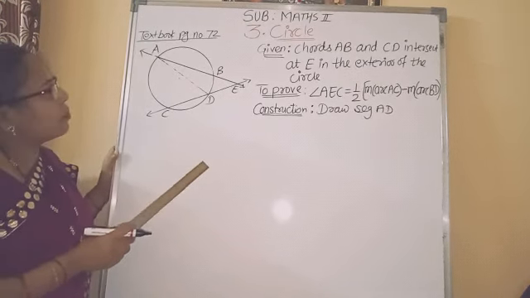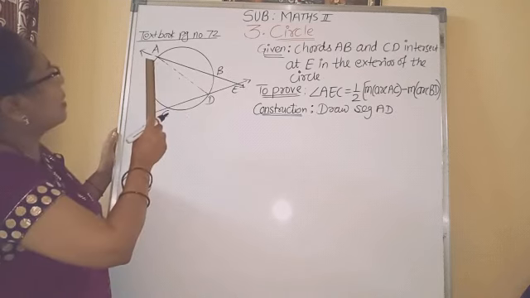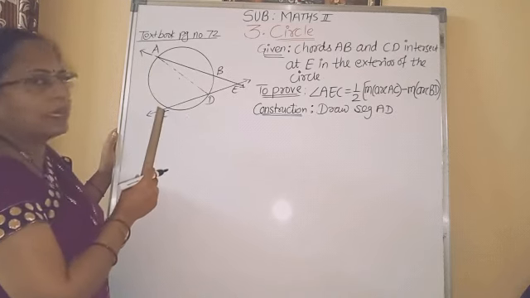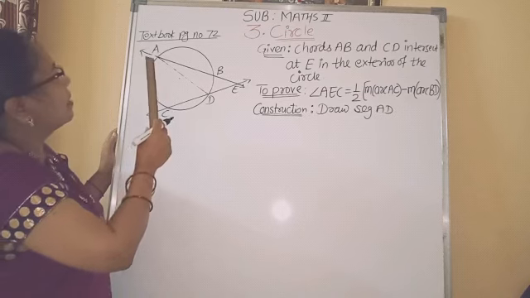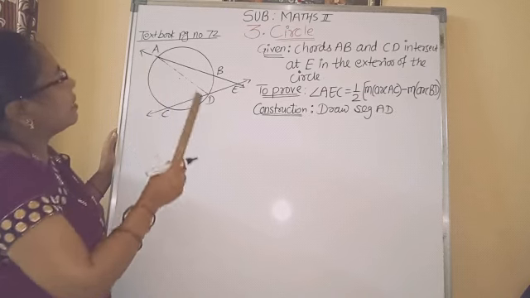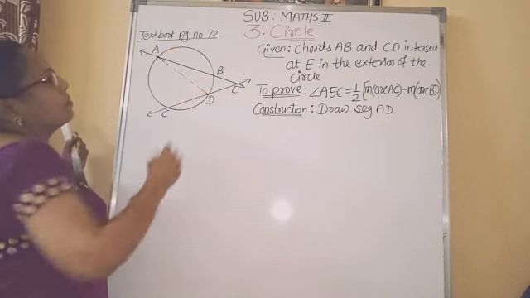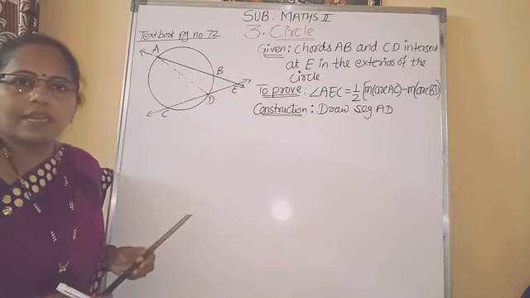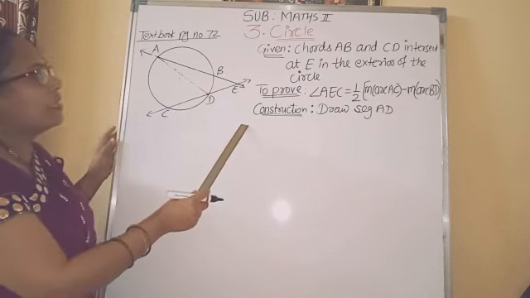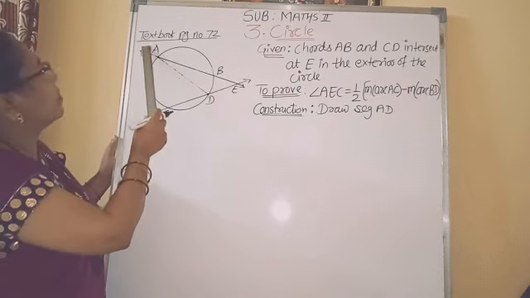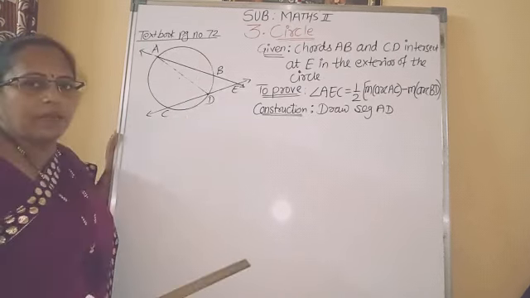Okay. And here we got two inscribed angles: angle ADC and angle BAD. See, the vertex of these two angles is on the circle. So we can use here the inscribed angle theorem. This theorem is given on textbook page number 72.